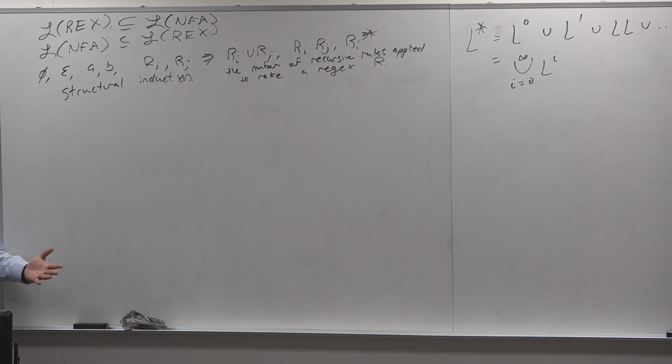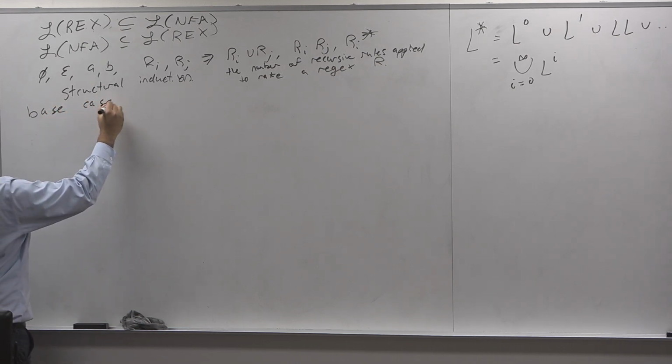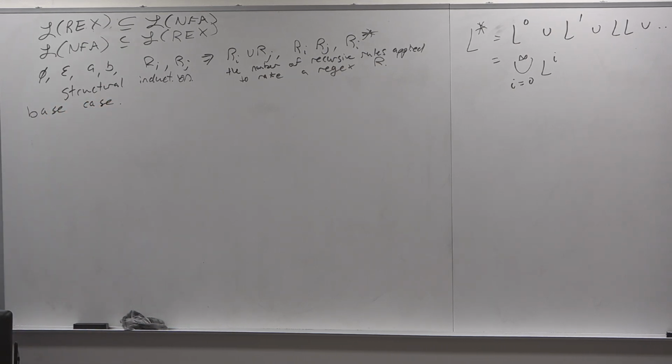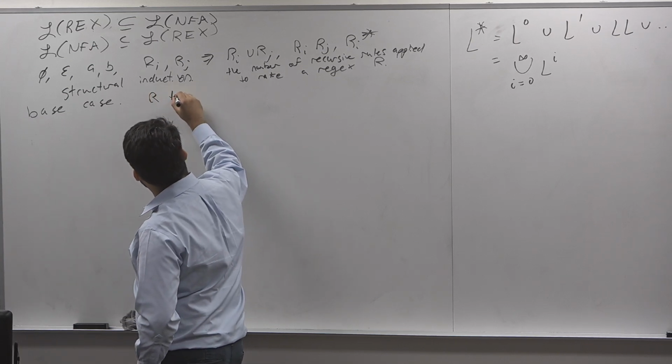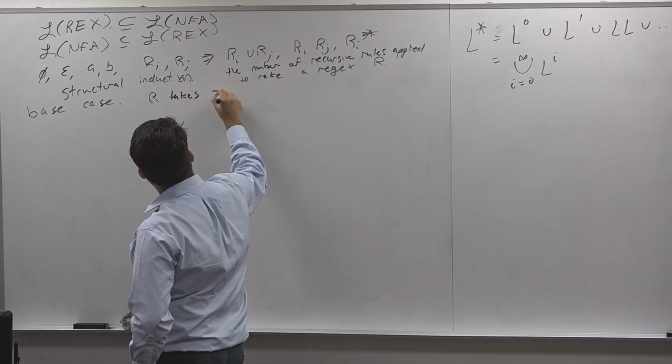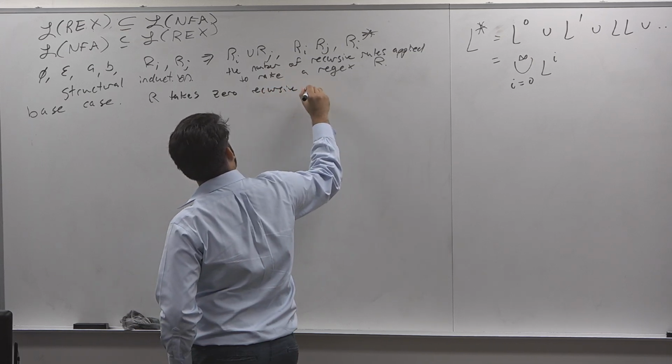So let's proceed by this quote-unquote structural induction. It's a very rarely used technique, but it's going to be clear. Our base case is going to be what? The empty set or the empty string? Empty string. It's going to be, in fact, all of those. So, back to structural induction, base cases are where R takes 0 recursive rules.